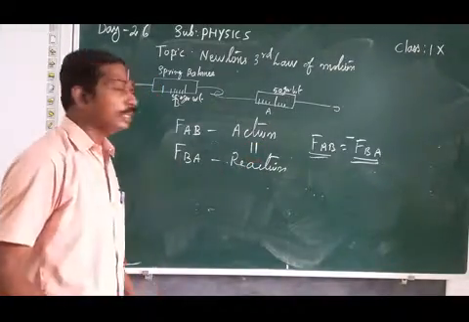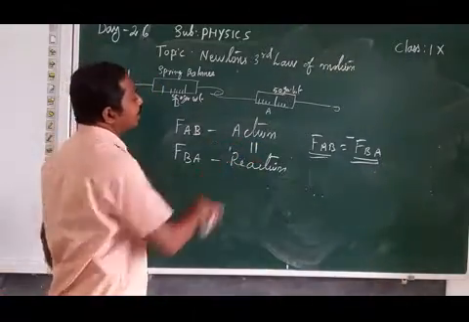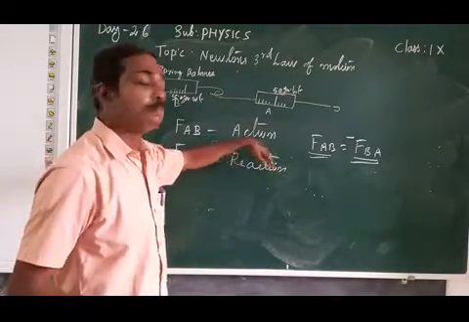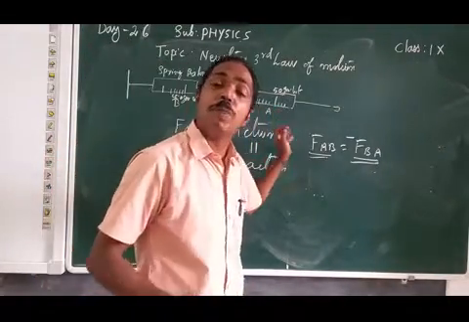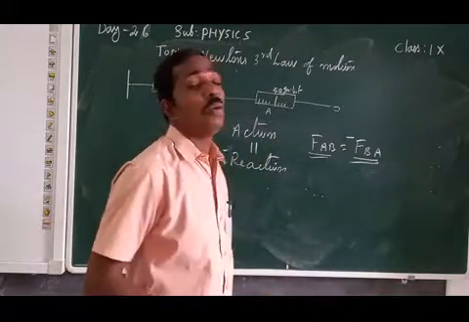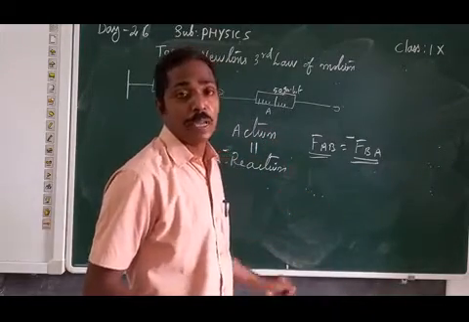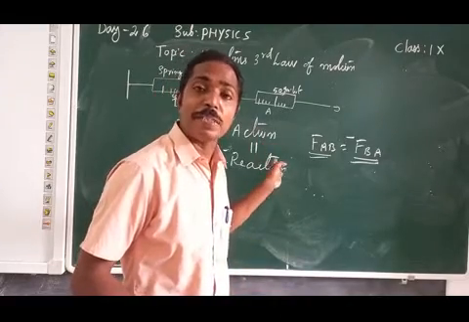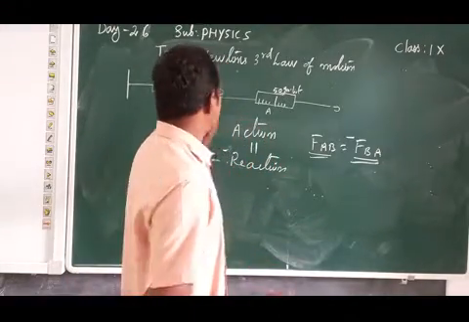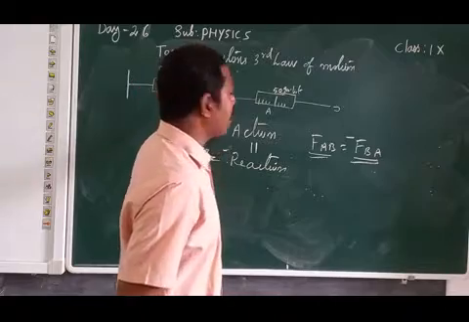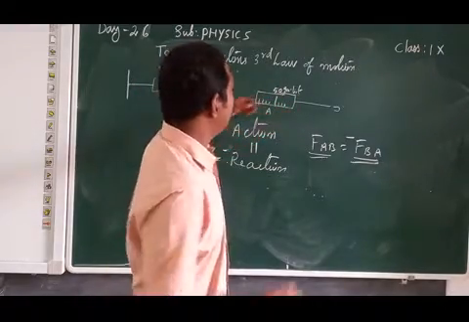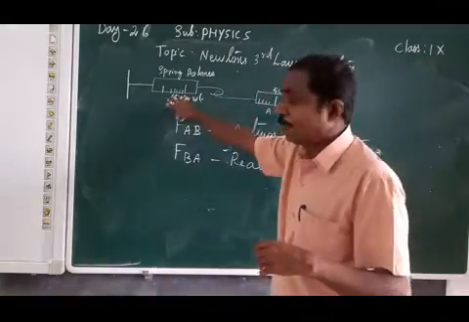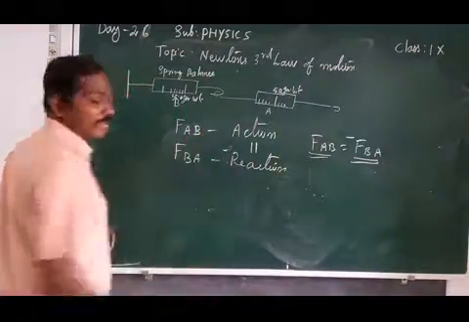So action equals reaction in magnitude, and also action equals minus reaction, because they act in two different directions and on two different bodies. So we have two spring balances A and B. When we pull this side, A applies force on B. So F AB, that is action.